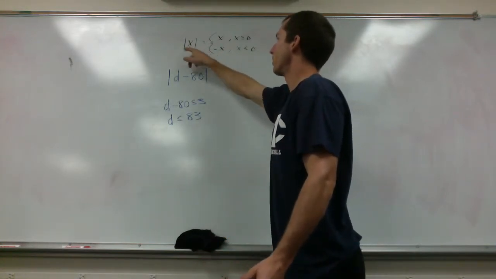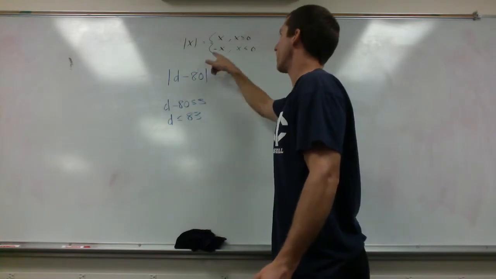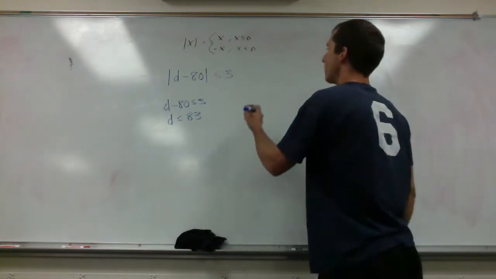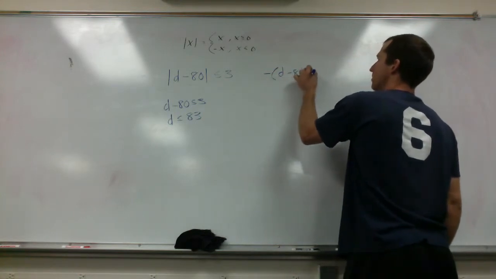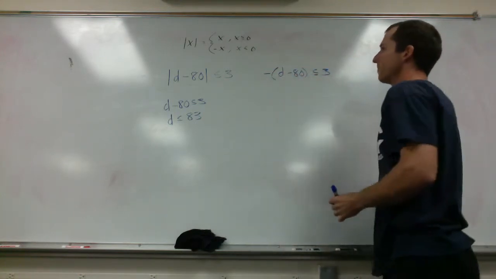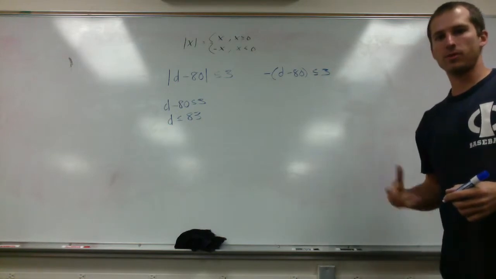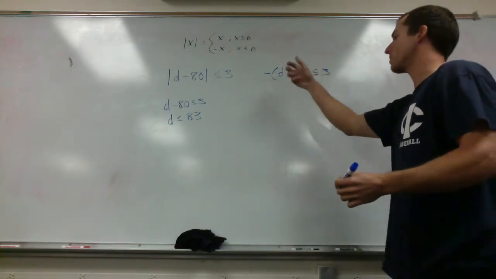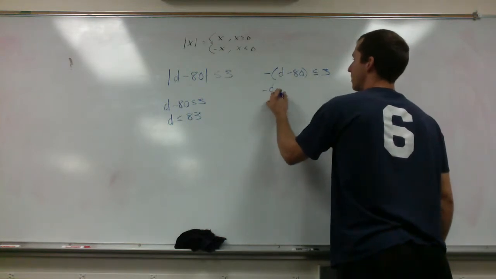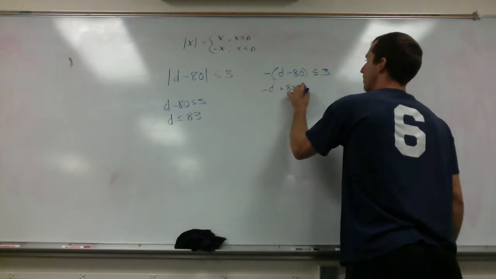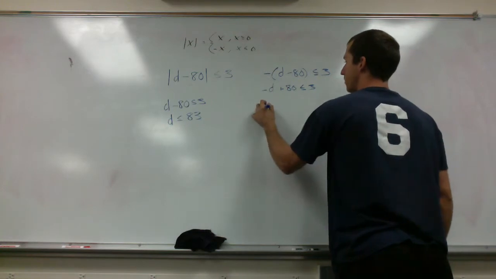If this number, D minus 80, were negative, I'd do the opposite of it according to the definition. So I'll just do the opposite of it, still setting it up with the same inequality, just taking the opposite of what's in here. And I'll solve this, and it should get me the other half of my inequality.